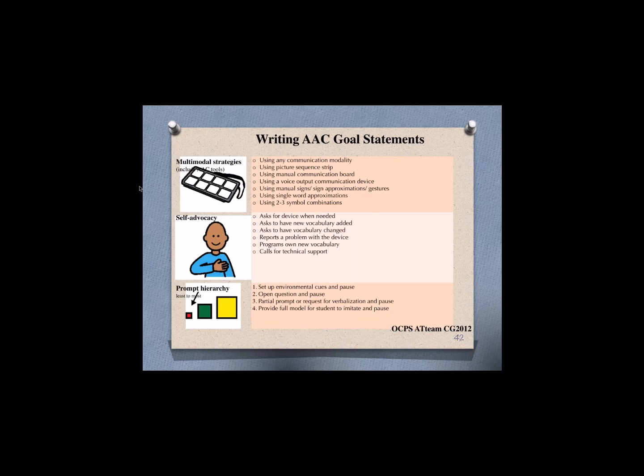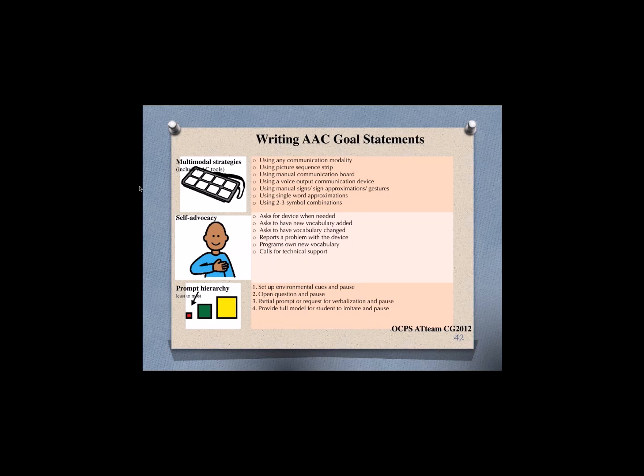So this writing AAC goal statements handout helps prompt you to think of all the multimodal ways that kids can be communicating, so that we're not going to restrict all of their communication goals to just using their pod or just using their iPad, and that we're going to be thinking about self-advocacy goals as well. So getting kids to actually start thinking about their own support needs around their communication system, such as making sure that every student has a way to ask for their device when they don't have it, or to ask to have new words added.